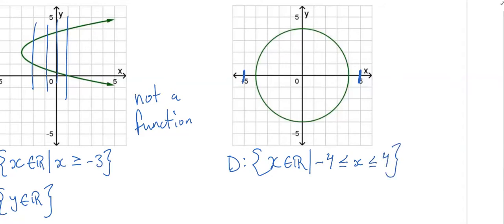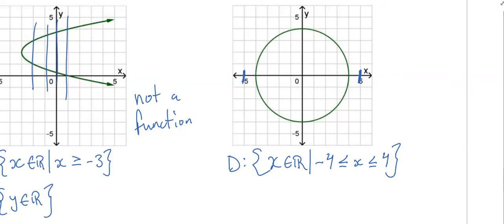So x is between the two numbers that it goes between. -4 is less than x, which is less than 4. You can't write it the other way. Can't flip it around, because positive 4 is not less than negative 4. So don't do that, because that's really wrong.